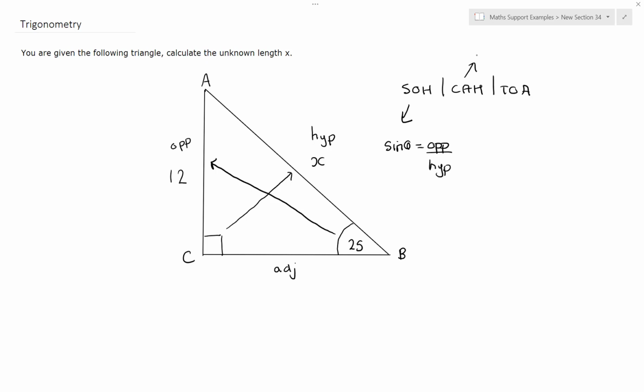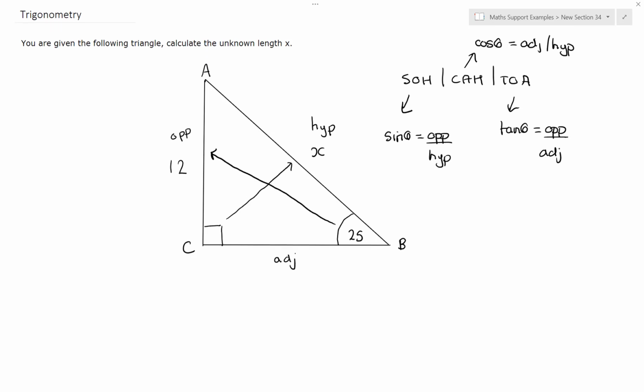The CAH tells us that cos theta is adjacent over hypotenuse, and TOA tells us that tan theta is opposite over adjacent.